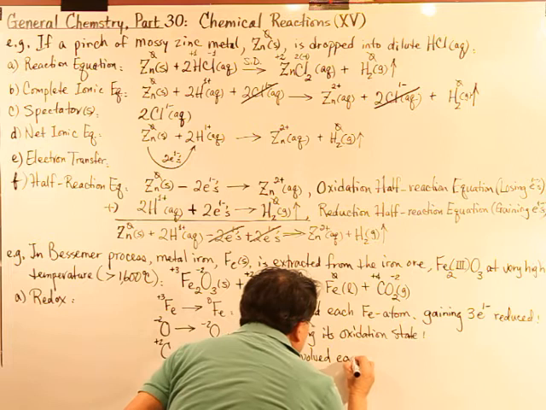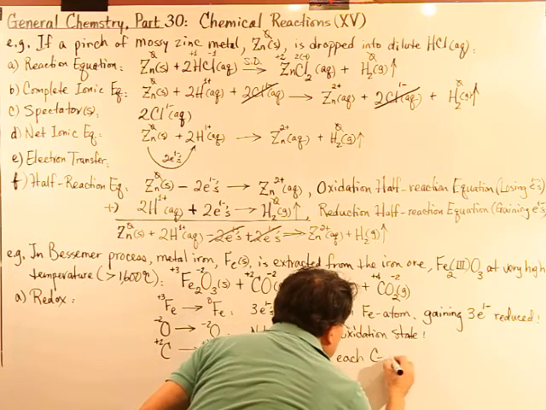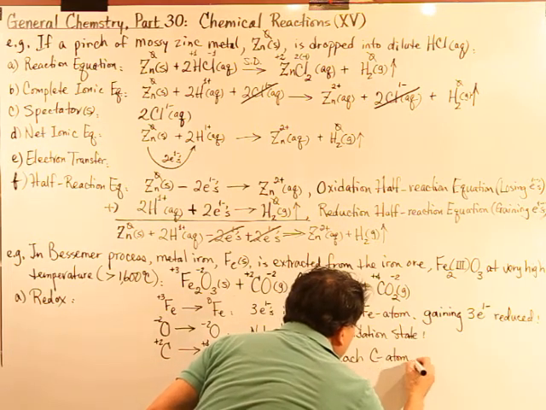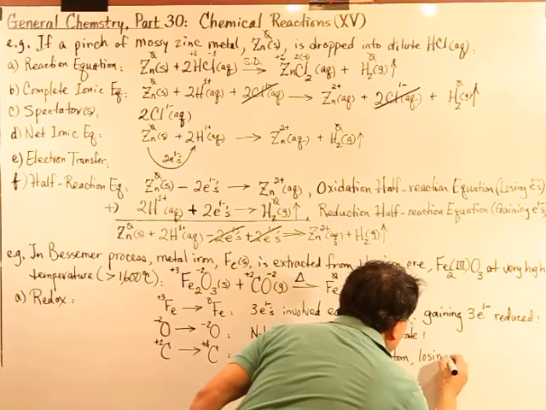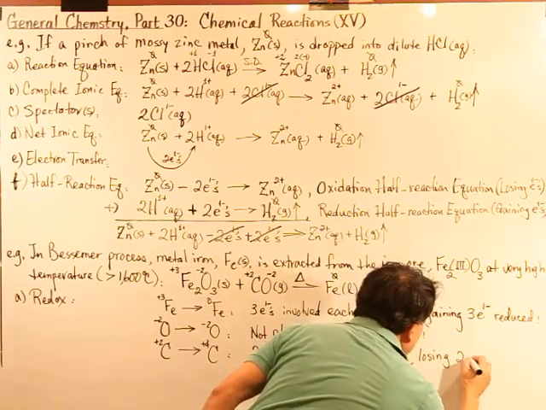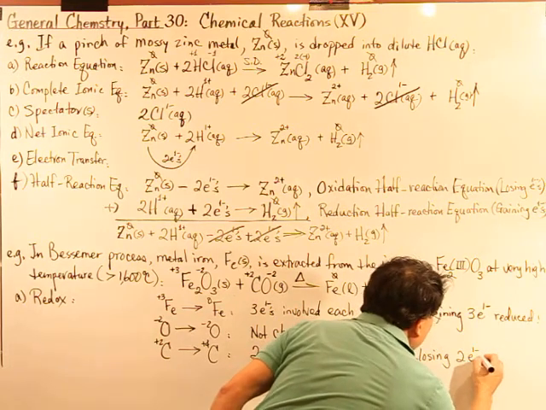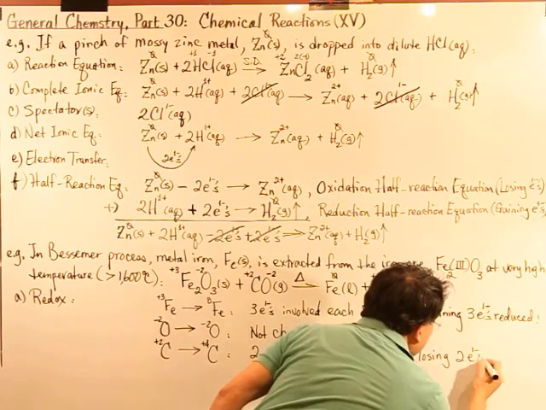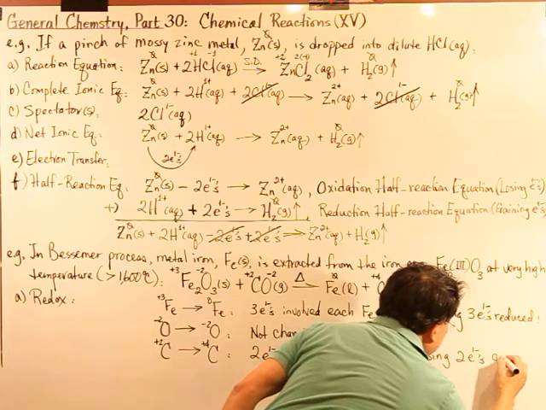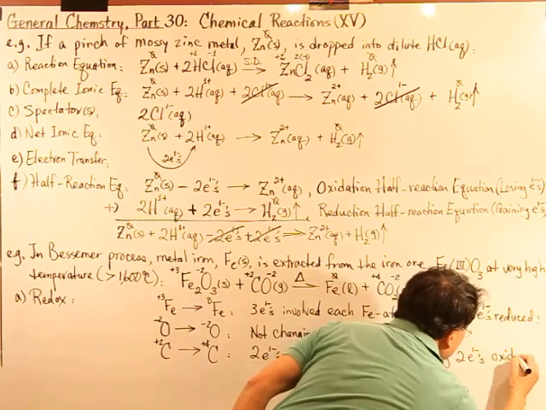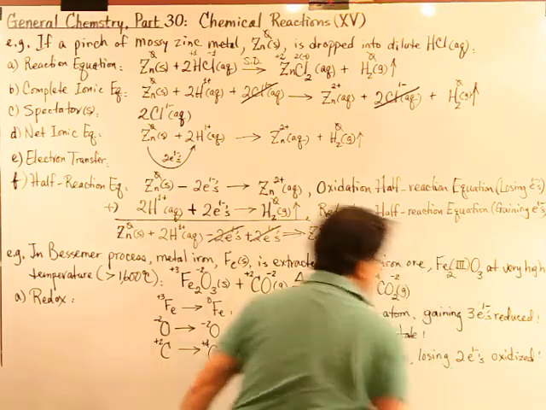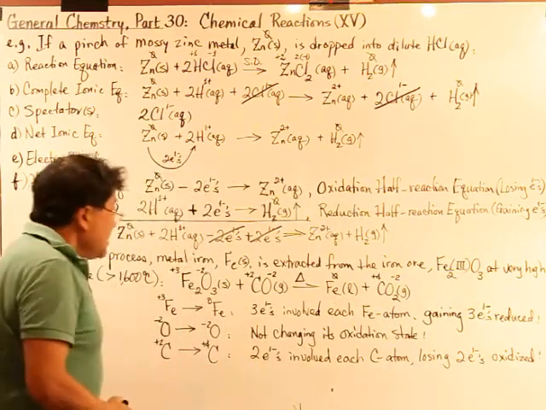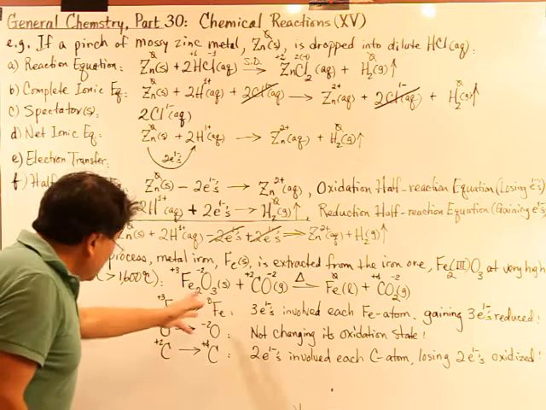Each carbon atom, by losing 2 electrons, is oxidized.